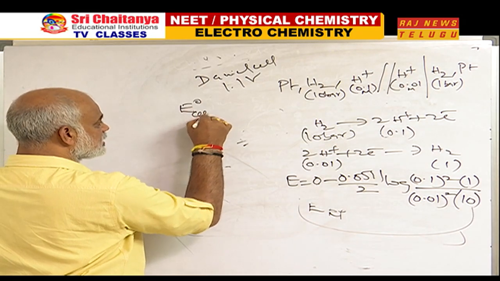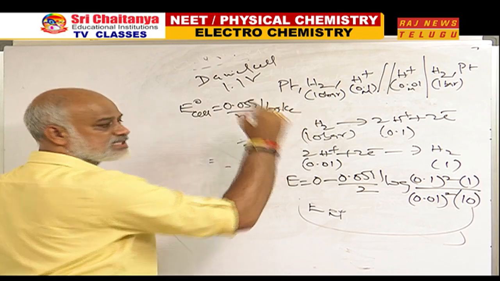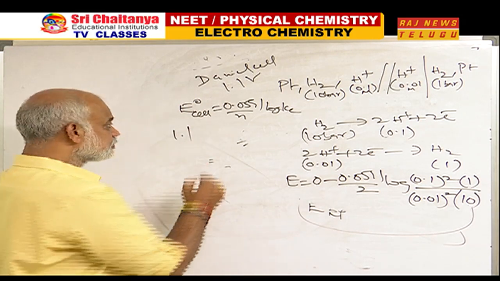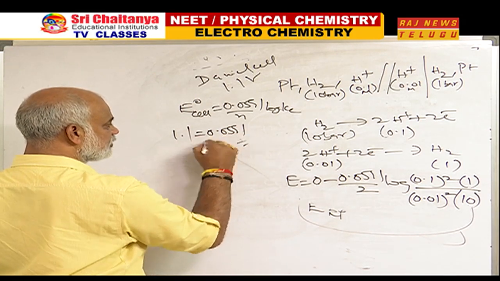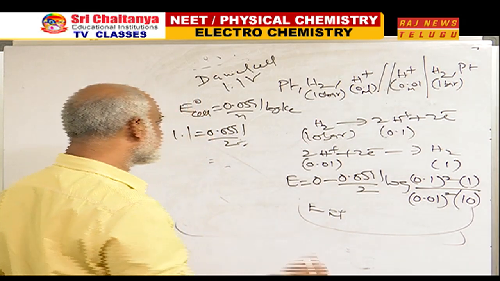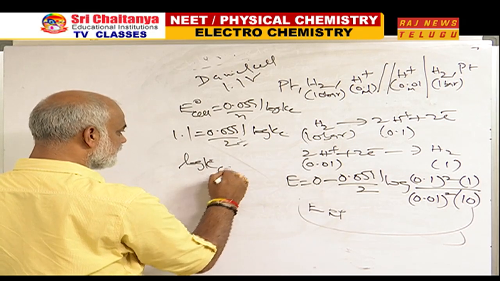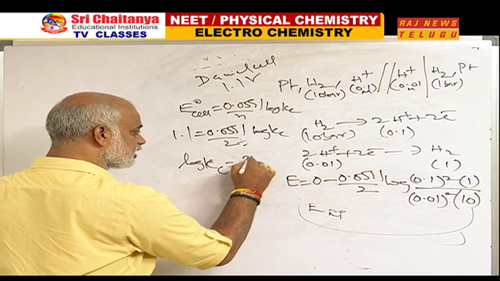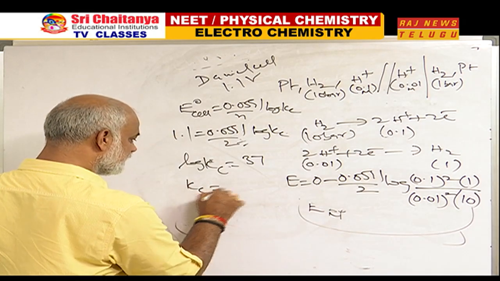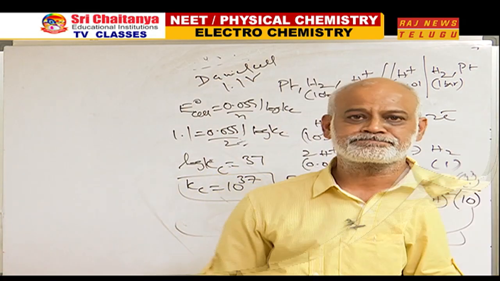E naught cell is equal to 0.0591 by n log Kc. 1.1 is given. 0.0591 by 2, in the Daniell cell Zn plus 2 and Cu plus 2 are participating. Log Kc will be approximately equal to 37. Simplify, Kc will be approximately 10 to the power 37.